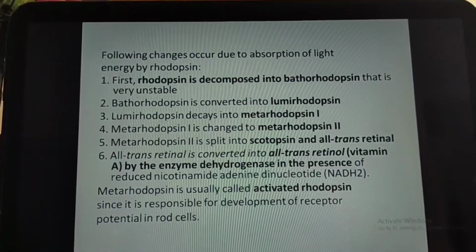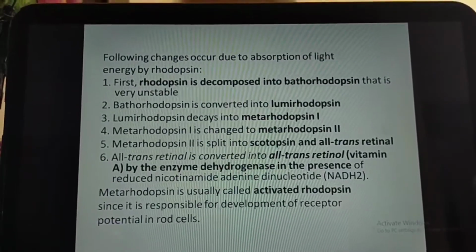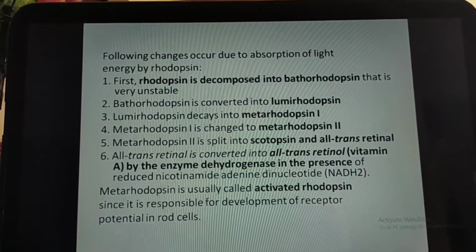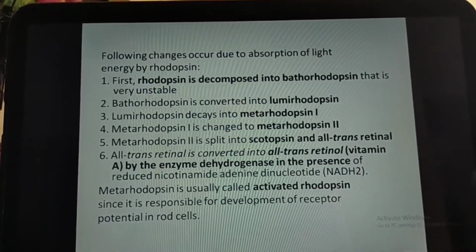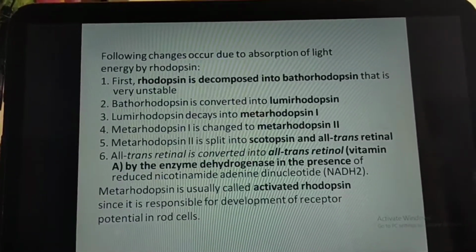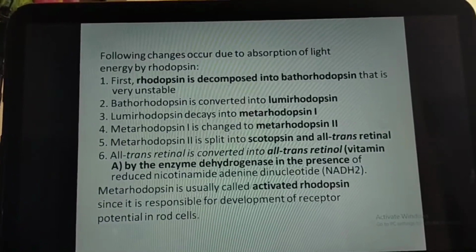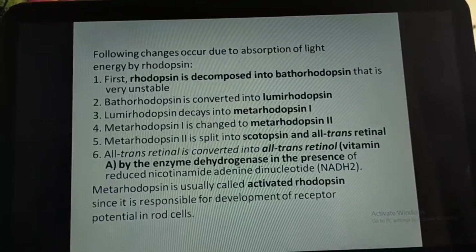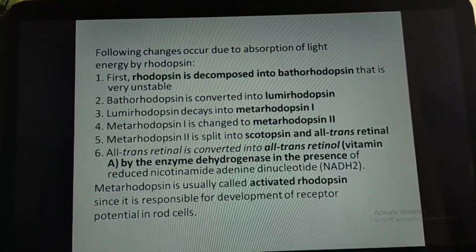Meta-rhodopsin 2 is split into scotopsin and all-trans retinal. All-trans retinal is converted into all-trans retinol by the enzyme dehydrogenase in the presence of reduced nicotinamide adenine dinucleotide.